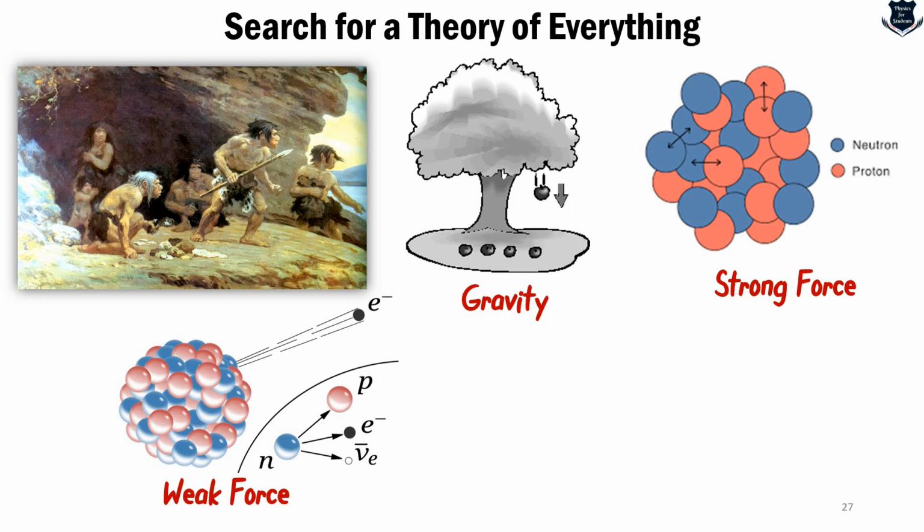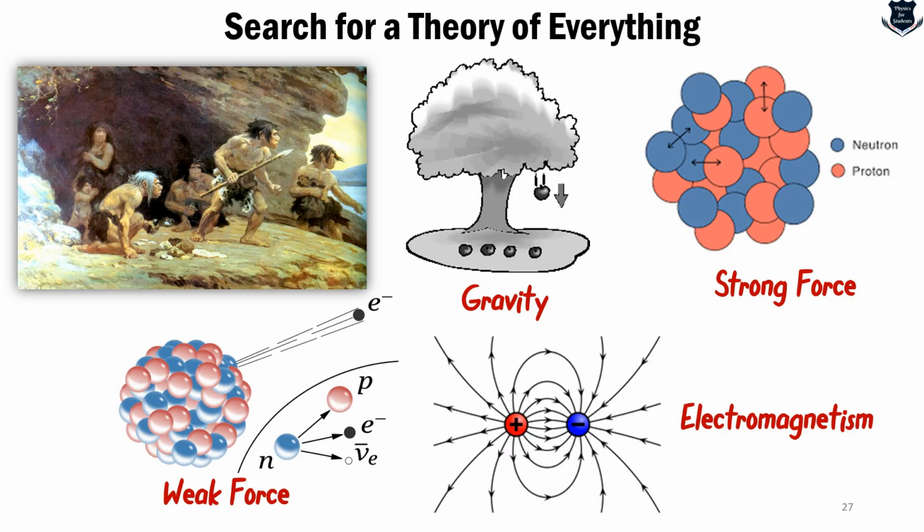The third is the weak force. As the name suggests, it is responsible for radioactive decay, and is weaker than the strong force but stronger than electromagnetism. It is mediated by W and Z bosons. And finally we get electromagnetism, which governs the interaction between charged particles, weaker than the strong force but stronger than gravity, and it is mediated by photons.